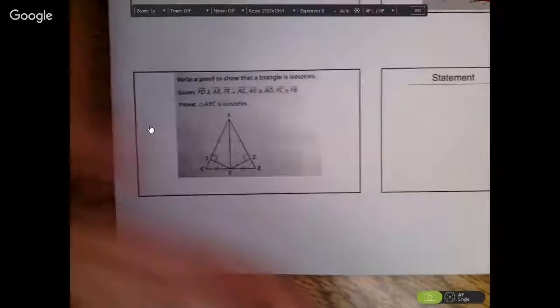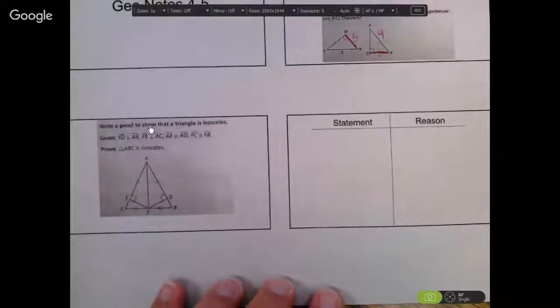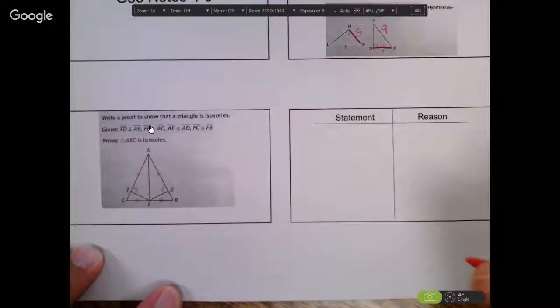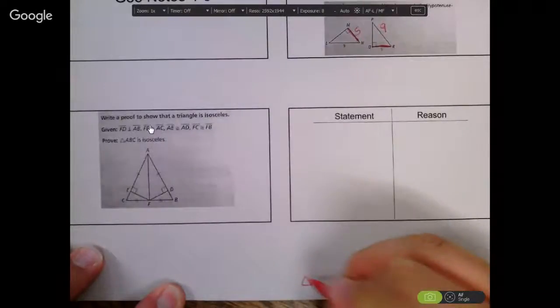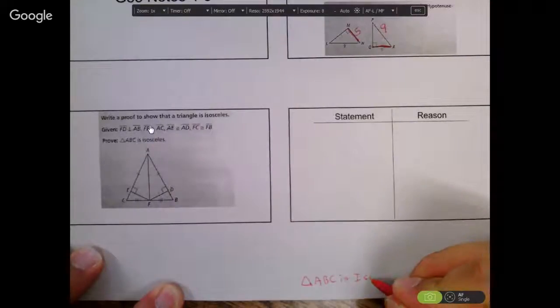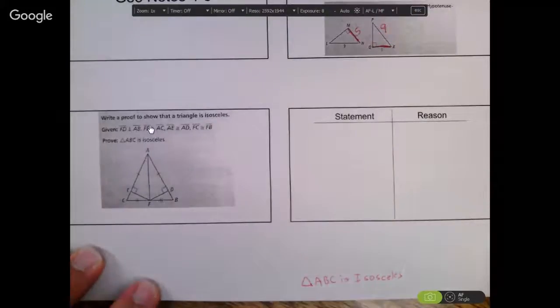I gave you space over here to write the proof. If I start backwards, I can start by saying triangle ABC is isosceles. Why am I putting it at the bottom? Because we're going backwards. Our last step is to say, therefore, the triangle is isosceles.